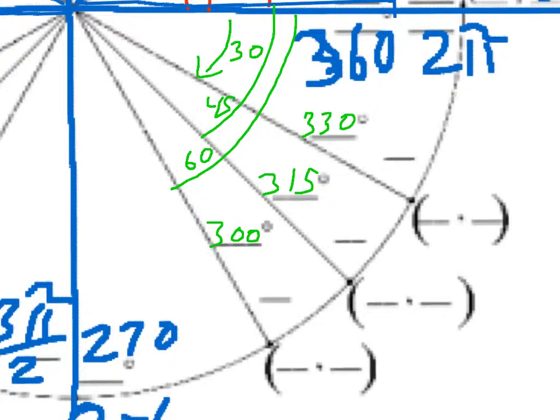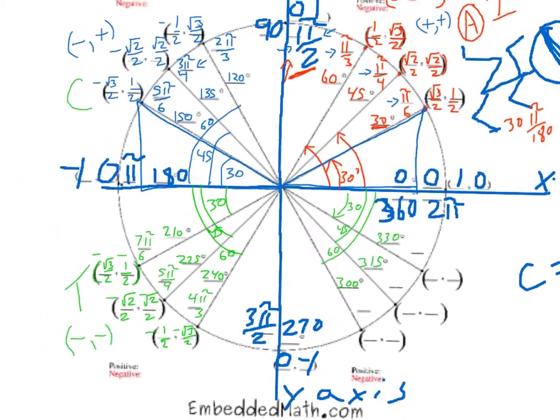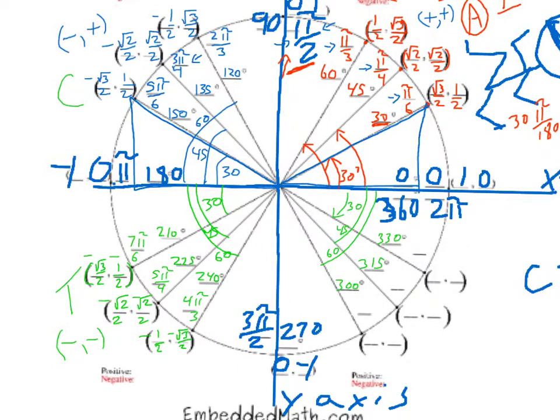As we're looking at the pi over 4s, if we look at how the pi over 4s have kind of gone around, I'm going to put a dot next to them. Let's put a purple dot next to them. 1 pi over 4, 2 pi over 4, 3 pi over 4, 4 pi over 4, 5 pi over 4, 6 pi over 4. That would make this one 7 pi over 4.